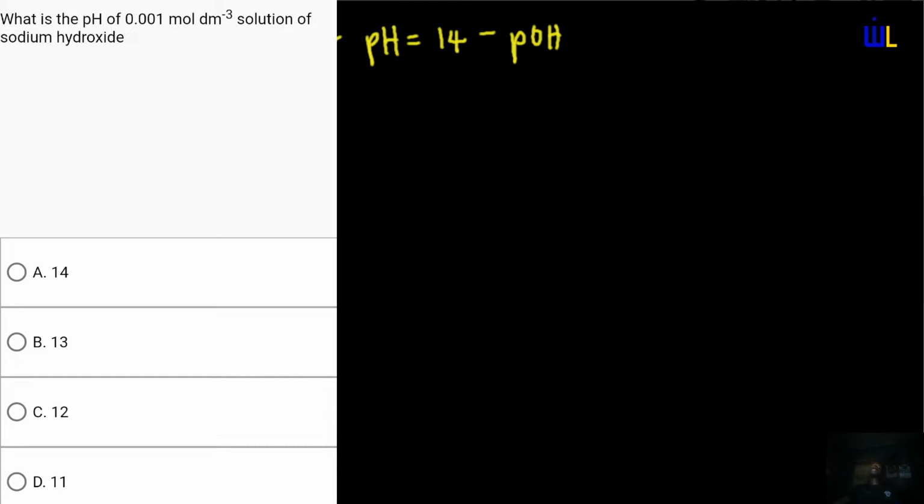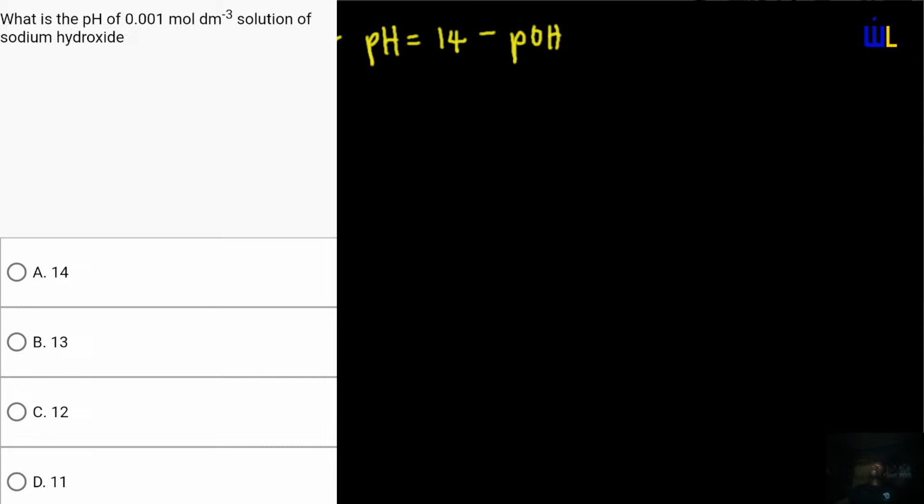So now that we have found the concentration of OH, we need to find the concentration of hydrogen. How do we find it? Concentration of hydrogen equals 10 raised to the power minus 14 divided by concentration of OH. And according to this question, we do have it, and that is concentration of H plus will now be 10 raised to power minus 14 divided by, if you convert this to standard form, 10 raised to power minus 3.